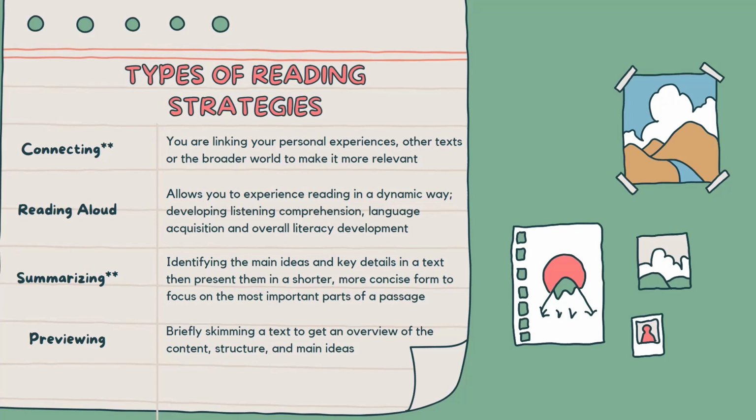So not only are you skimming maybe the first page of your textbook, but you're also skimming through the table of contents of your book. So you're getting a big idea and you're getting an idea of how your reading is going to go.